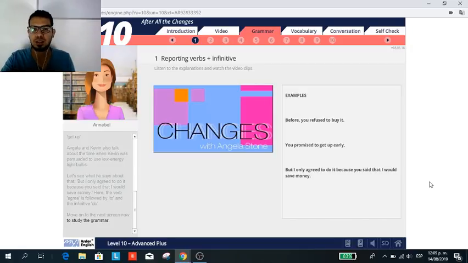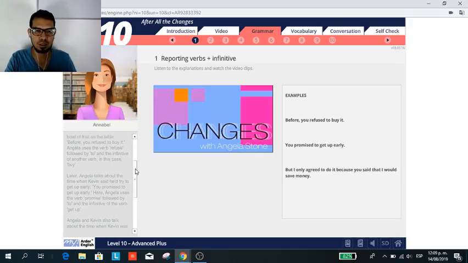So we have the examples on the right, and they say: before you refused to buy it, you promised to get up early, but I only agreed to do it because you said that I would save money, which is really interesting to practice.